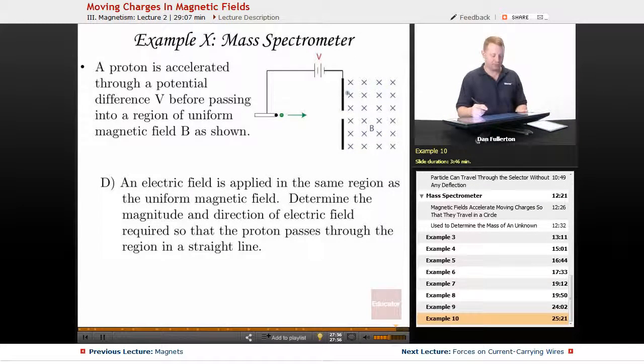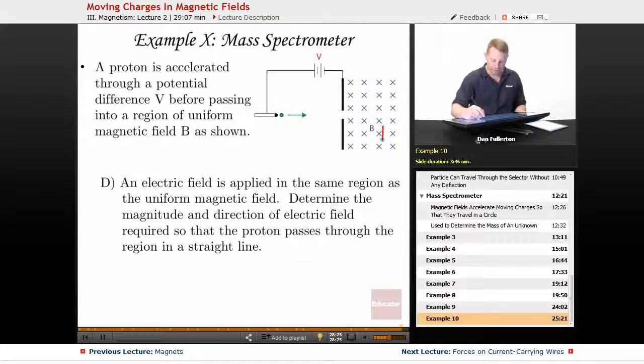All right, last one. An electric field is applied in the same region as the uniform magnetic field, so over here. Determine the magnitude and direction of electric field required so that a proton passes through the region in a straight line. So now we're setting this up so that we have a velocity selector, so that the particle goes through unhindered. Well, the first thing is we saw the magnetic force was pointed toward the top of our screen.